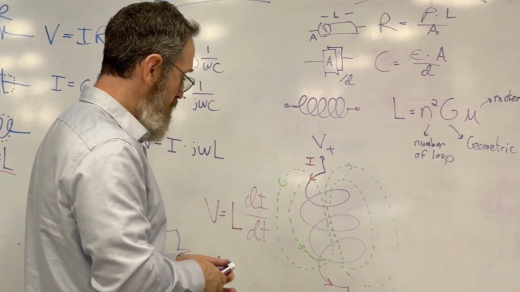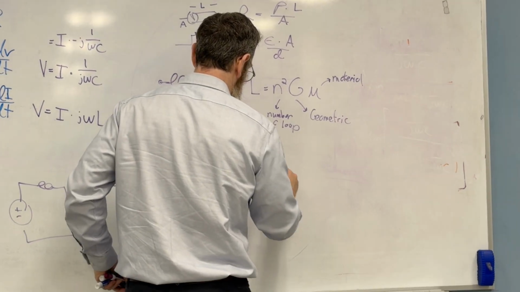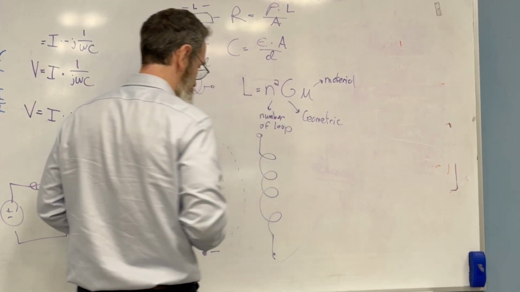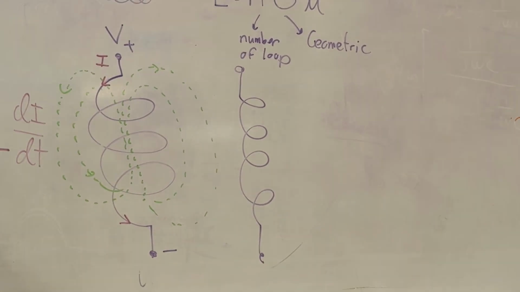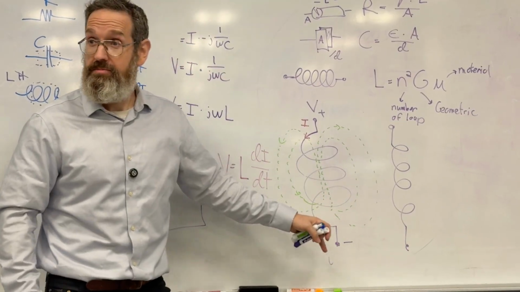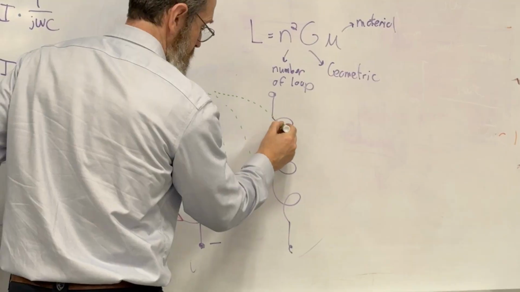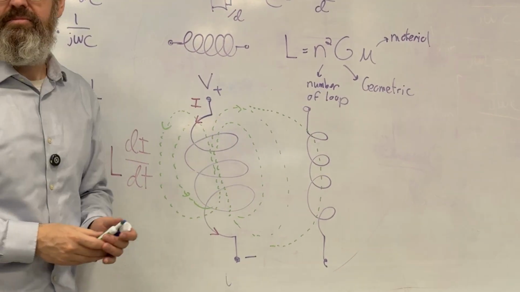The issue or the opportunity comes up when there is another loop of wire here. So this guy's just hanging out, minding his own business, but he's hanging out next to this one. What's going to happen is that some of this magnetic field will pass through him.